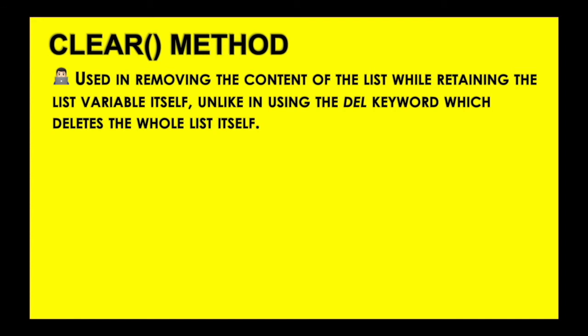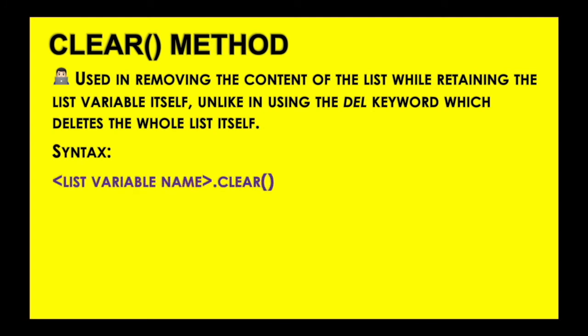So, unlike the del keyword, which deletes the whole list itself, as you can see on our previous coding, here on our clear method, the only thing that will be deleted is the items inside the list. So, the list itself is not deleted. Okay, so that's the clear method.